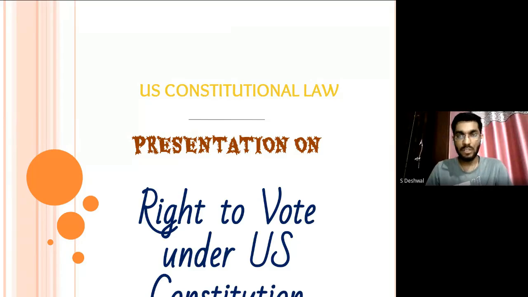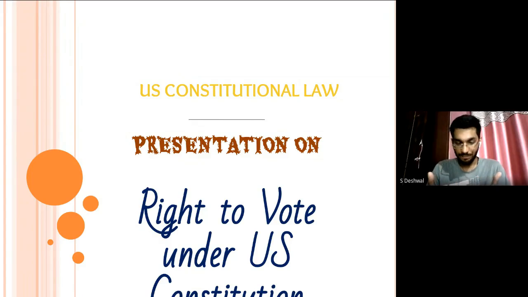Furthermore, in reverse incorporation, the equal protection which is only available against the state government is in fact available against the federal government as well by virtue of the 5th Amendment, that is, the due process. So we have discussed this doctrine of reverse incorporation.